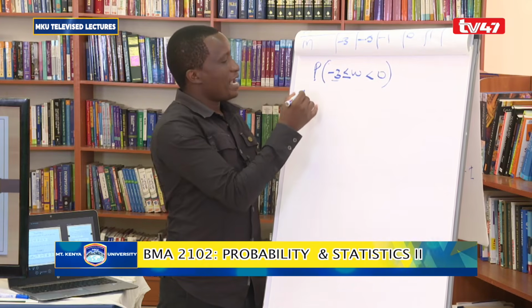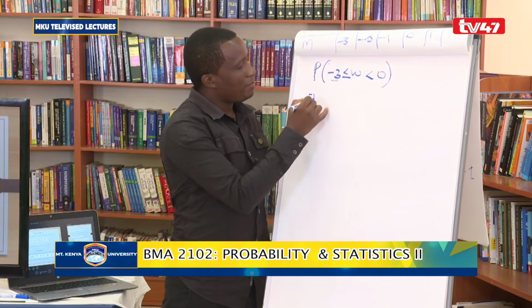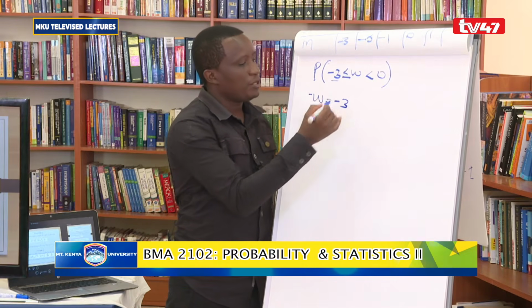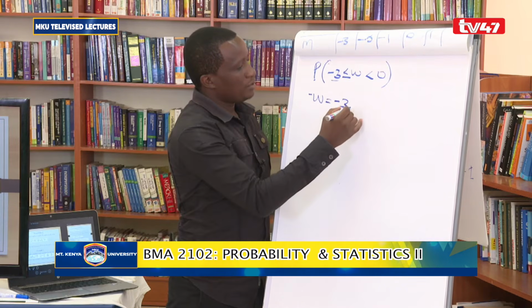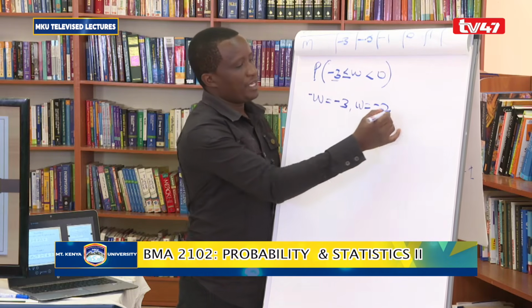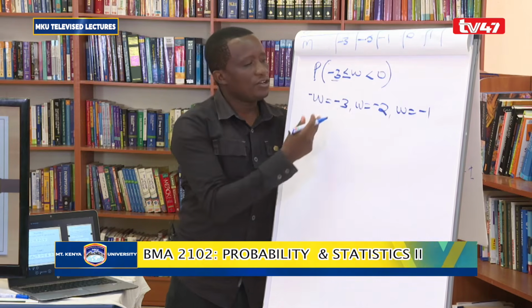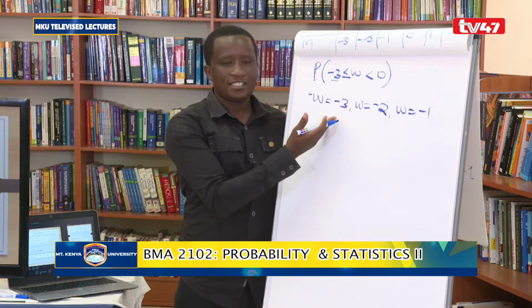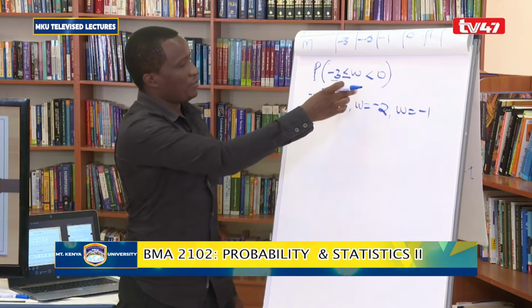And therefore, we are looking at the cases where W is -3. Because this is a discrete case, we can pick specific points. We are also looking at the case where W is -2, looking back at the table there, and the case where W is -1. We are not going to include 0 in this case because we are told not to include it.